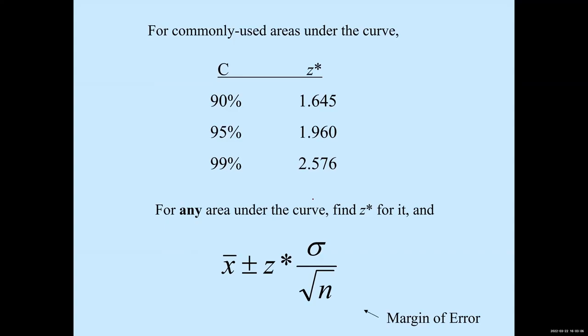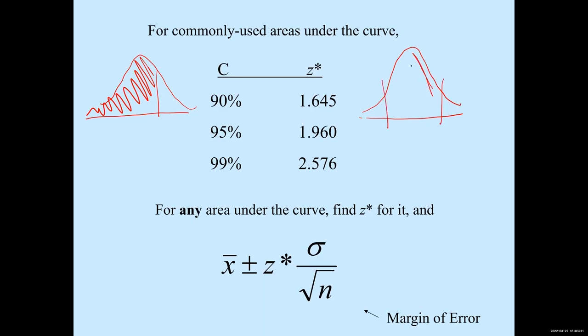Now, there are ones we use often. And remember that when we are finding those Z stars, our standard normal table is going to give us an area to the left. But what we want when we're looking for our Z star values is for that area not to be to the left, but in the middle.